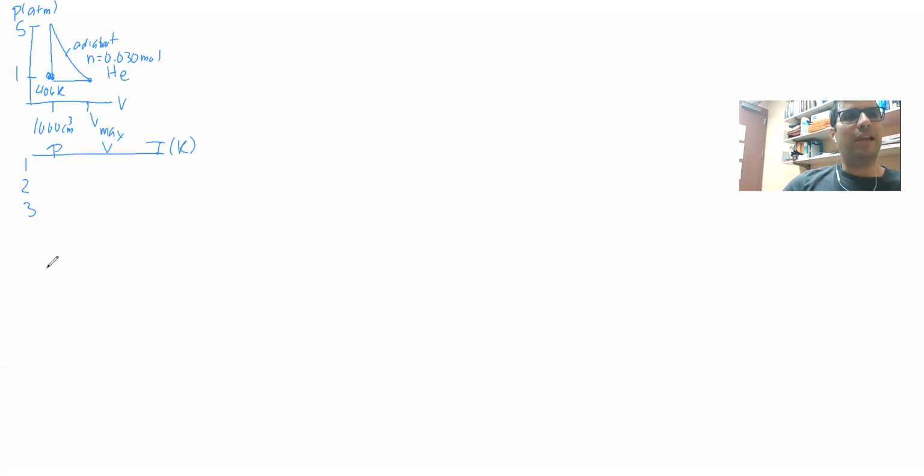The second thing that we like to do with these cycles is to construct another table of each process. And each process, 1 to 2, 2 to 3, 3 to 1, all have first law implications.